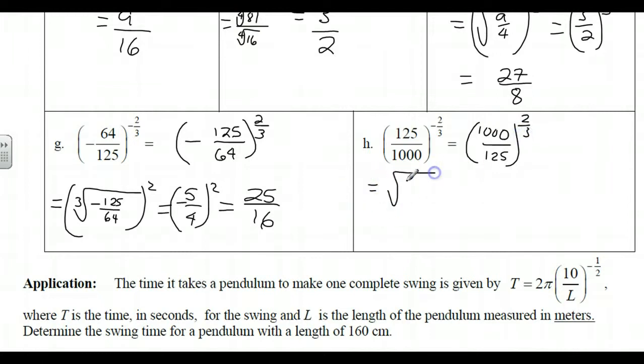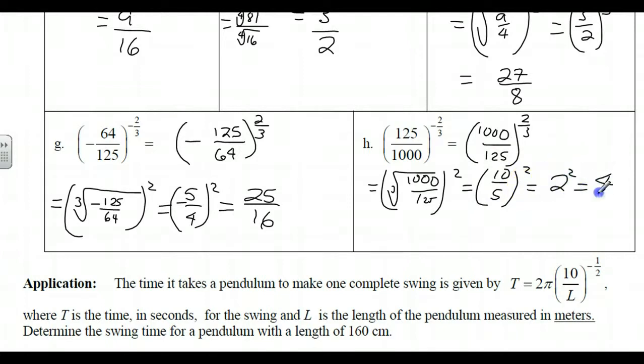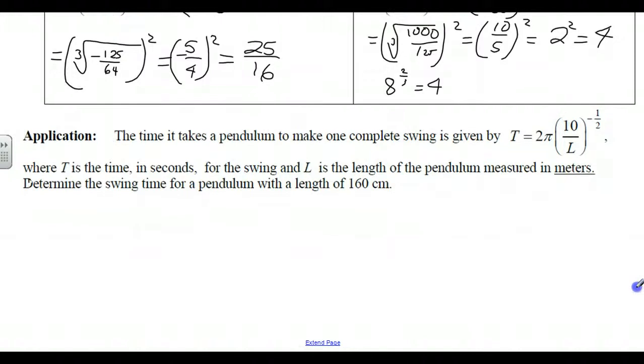Okay, so it's the cube root of 1000 over 125, then squared, which is 10 over 5 squared, which is 2 squared, which is 4. Actually, if we look at this, you might have recognized, hey, this is 8 to the 2/3, right? Which means the cube root of 8, 2 squared, which is 4. So you might want to simplify earlier if you can.